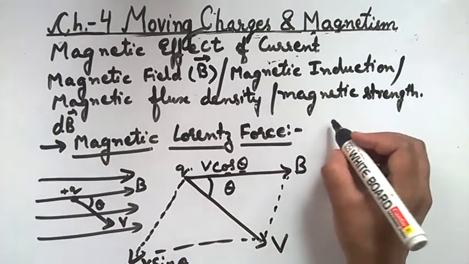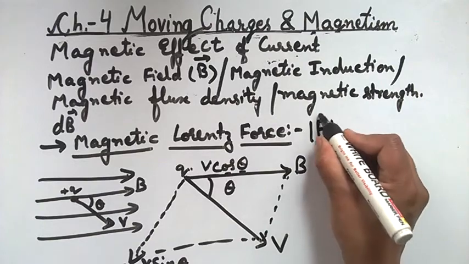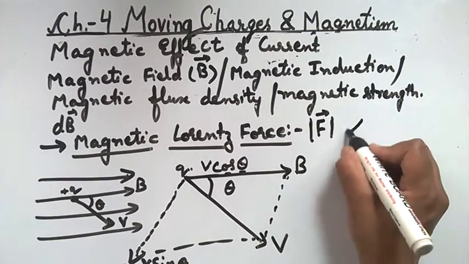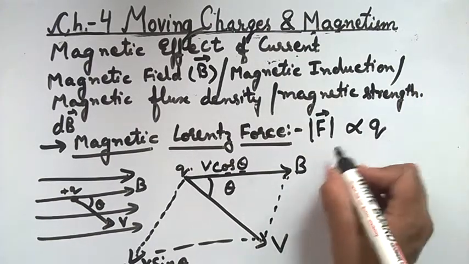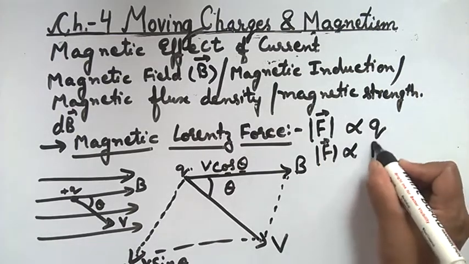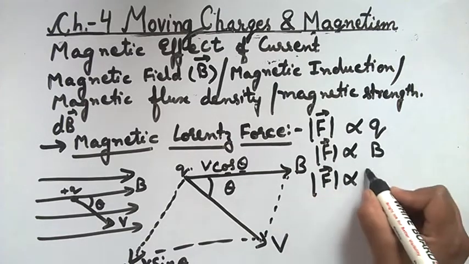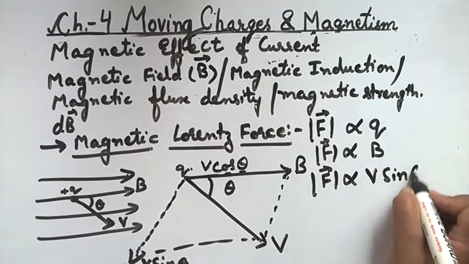So according to Lorentz force, magnitude of force is directly proportional to the charge placed in a magnetic field. Magnitude of force is directly proportional to the uniform magnetic field, and magnitude of force is directly proportional to the component v sin theta.